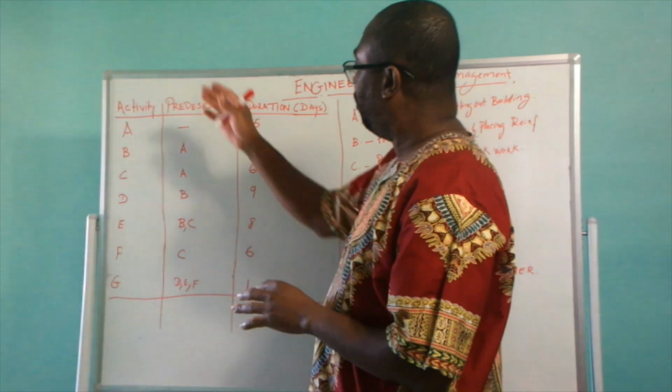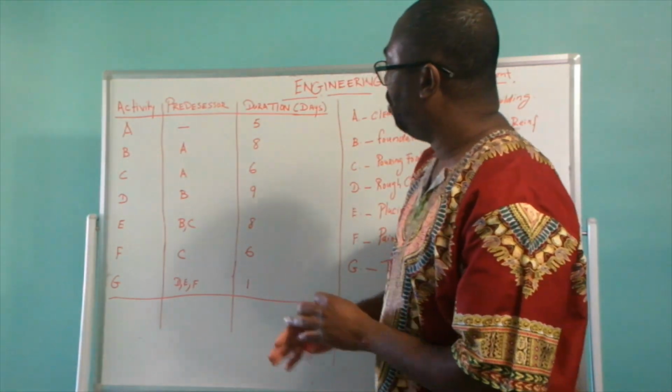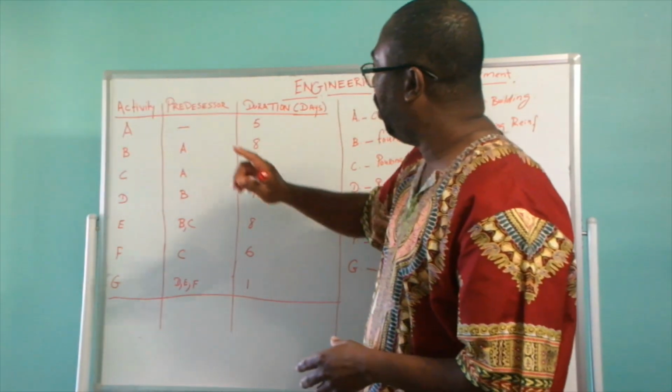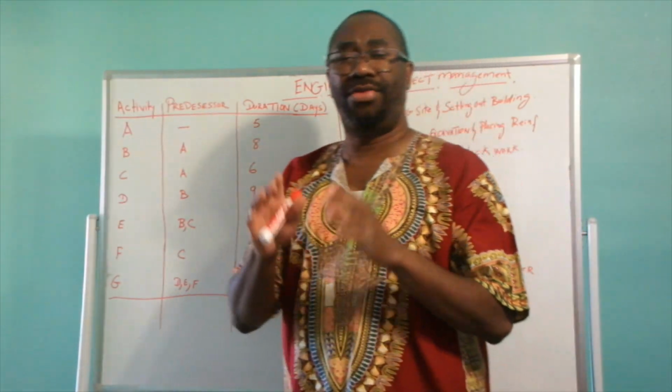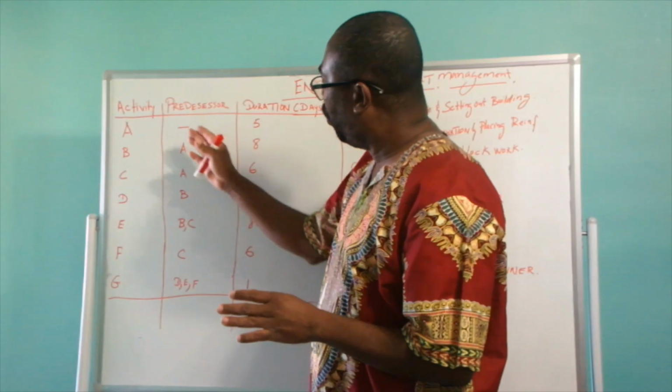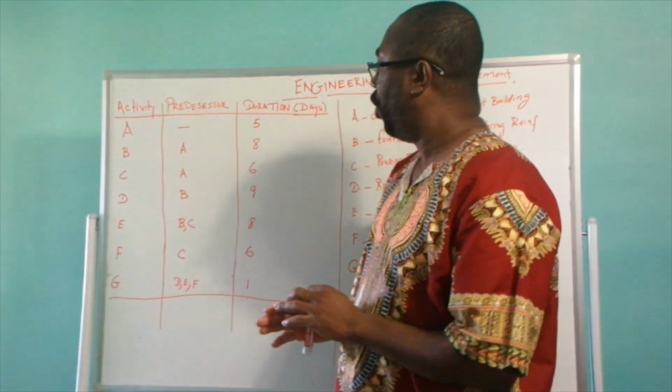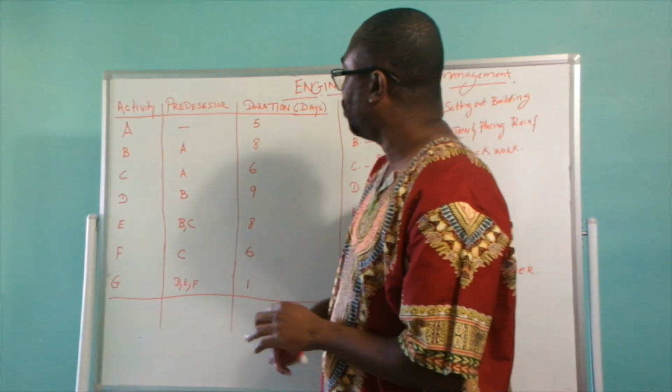Now, to follow this chart in a more detailed way, we have activities and we have predecessors. There are a couple of ways you can interpret this information.